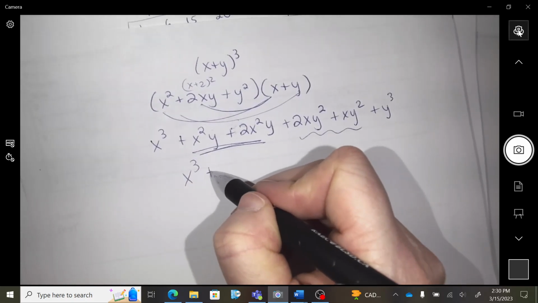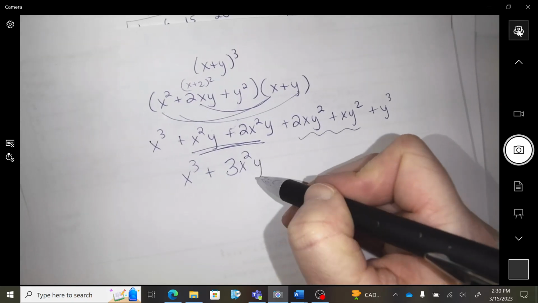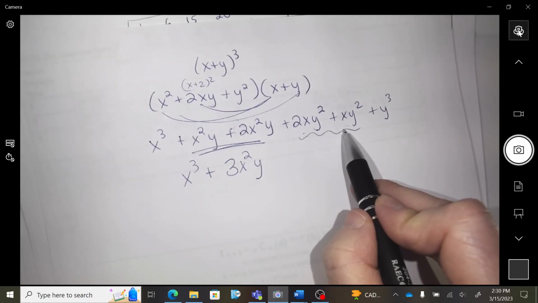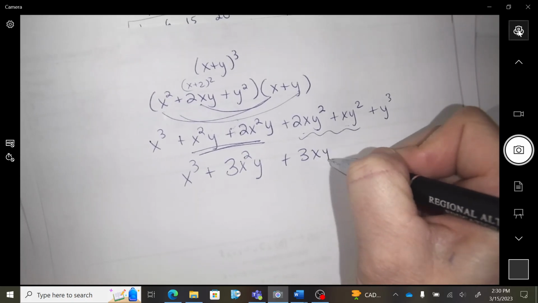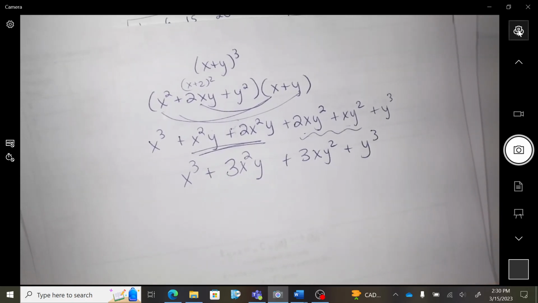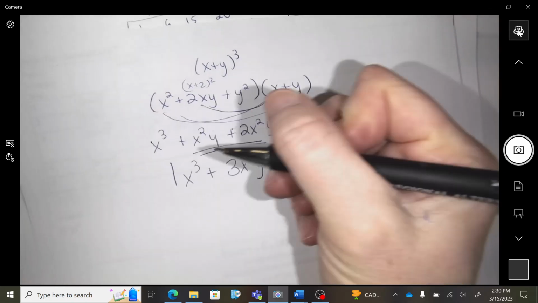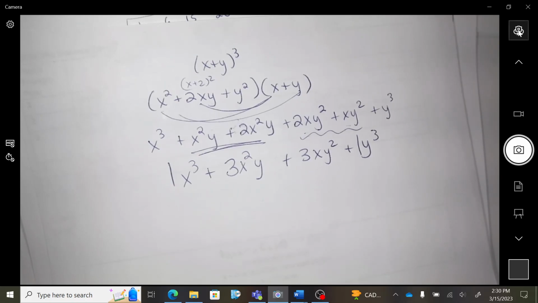So x cubed plus 3 of those terms, these are the same as each other, plus 3 of those terms, and then plus y cubed. Now you can write that down, the result. Put your ones in front of those just so we know. 1. Do you believe me that that's how we got this answer? Does that make sense? You're never going to have to do this long way, because it might take you forever. If you have to do this binomial to the 10th degree, do you really want to times this 10 times? Probably not.